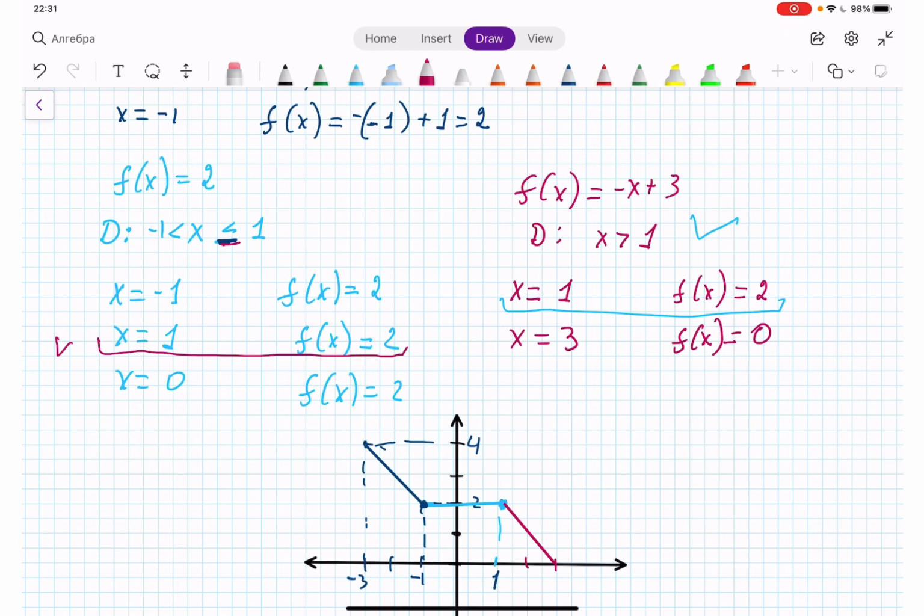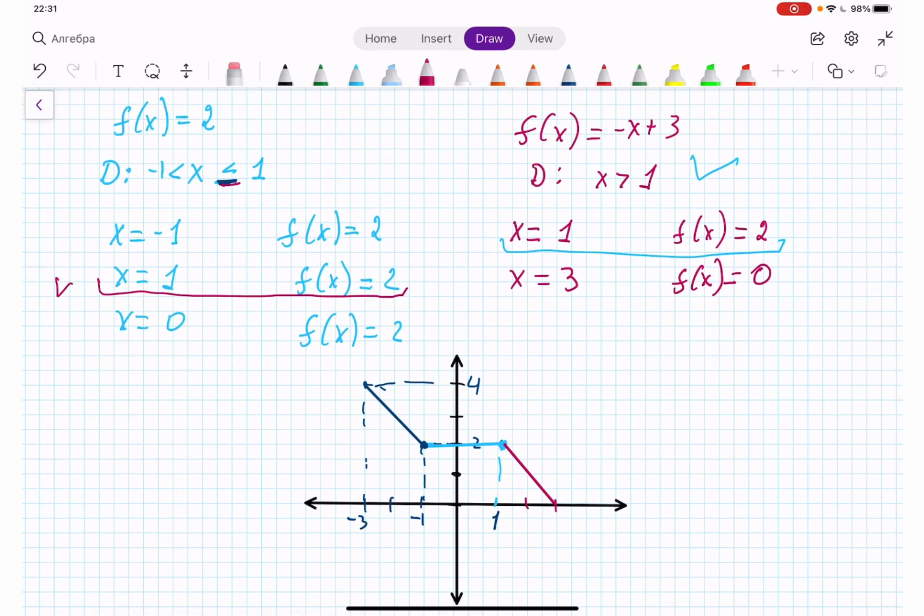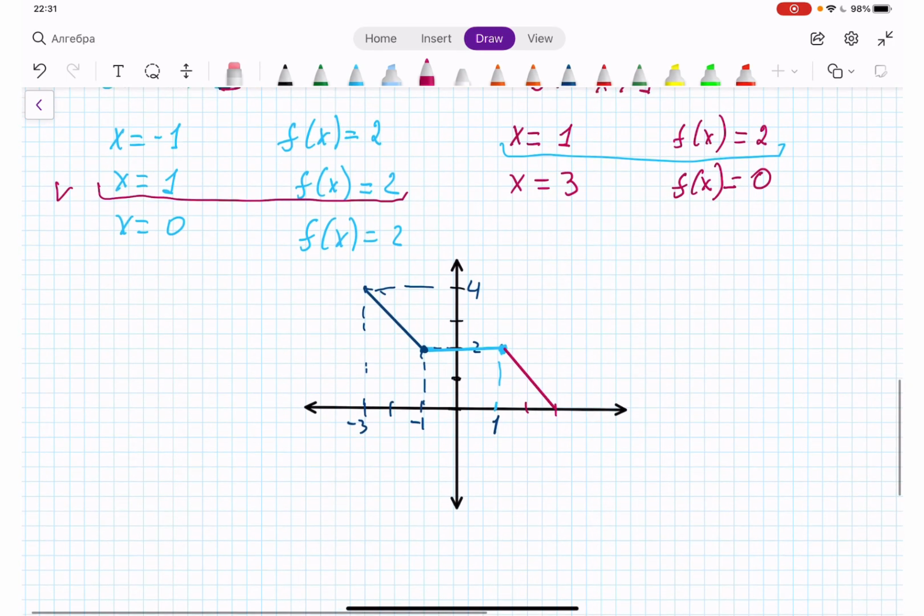If you have a full and an empty circle and put one on another, it's going to be a full, solid circle. Therefore, this solid circle overlaps the empty circle. And this is going to be our piecewise function.